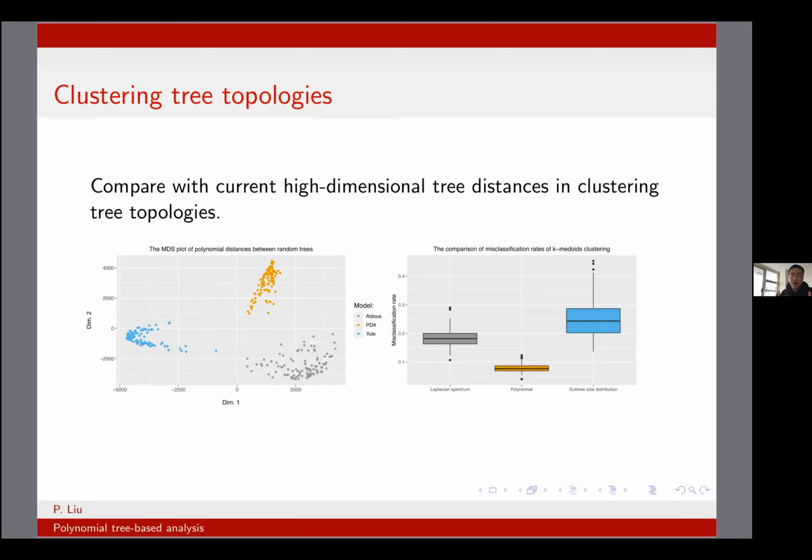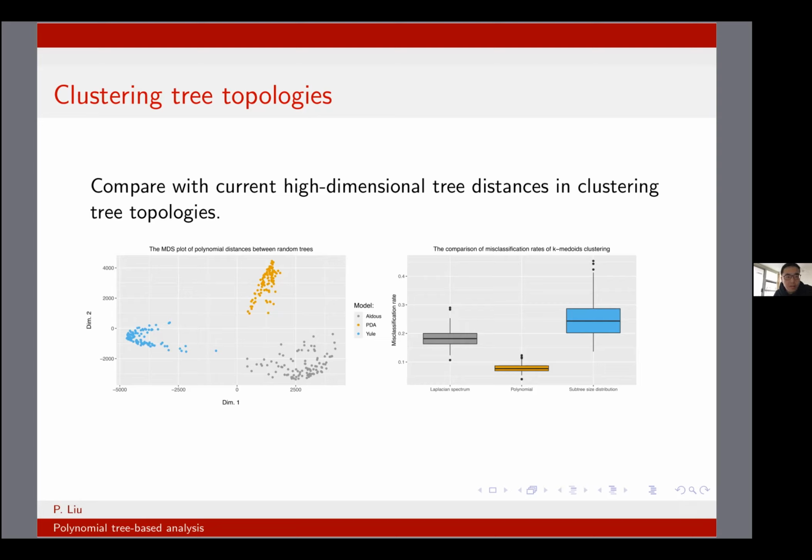This is very high dimensional data, so we use multidimensional scaling to plot it. As you can see, the polynomial distance can distinguish which model generated these trees. We also used a k-medoids clustering algorithm to cluster this.